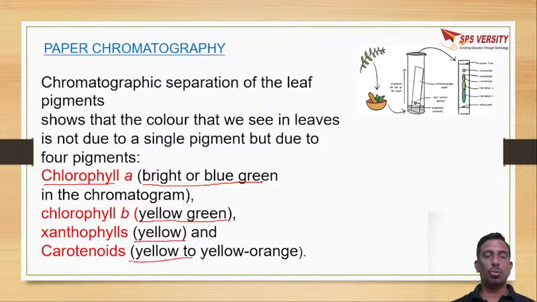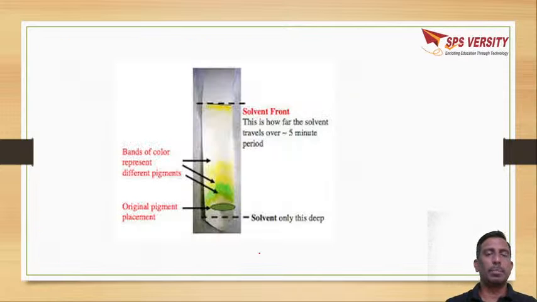Carotenoids are yellow to orange, and are present in carrots. These photosynthetic pigments can be seen in a paper chromatography experiment with these colors. You can see the bands of the different pigments.